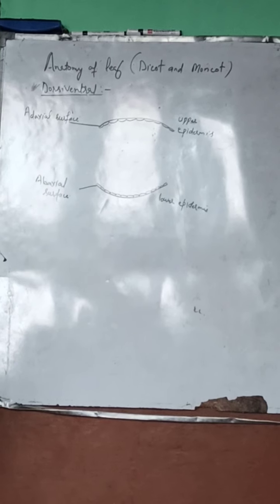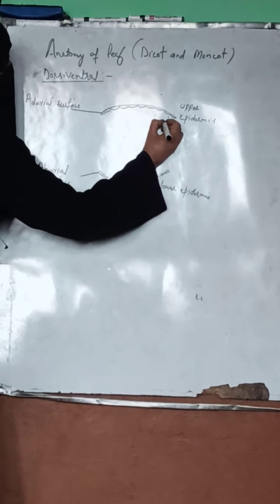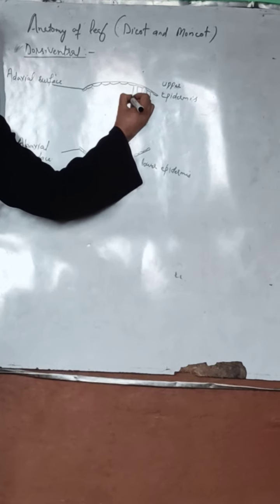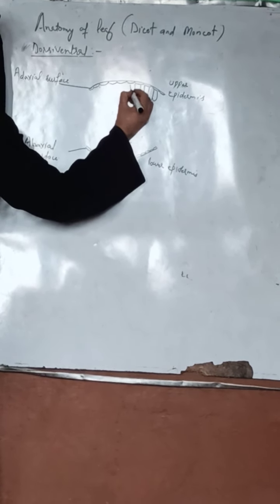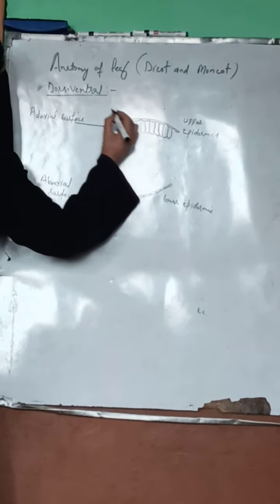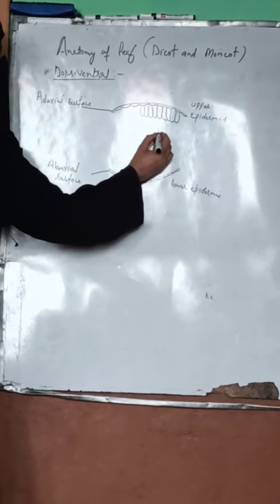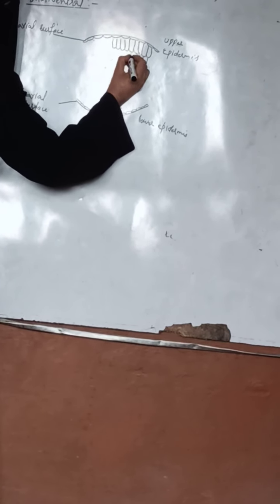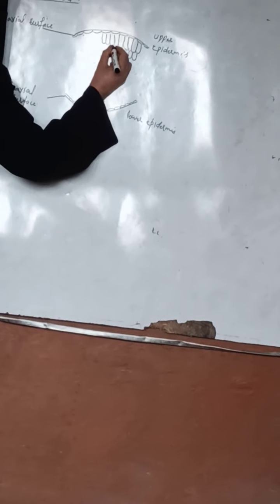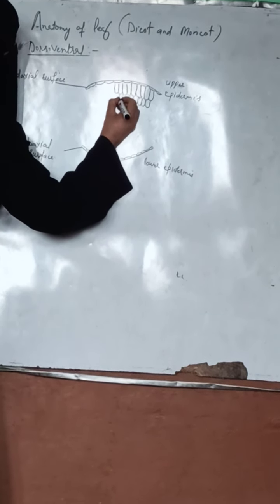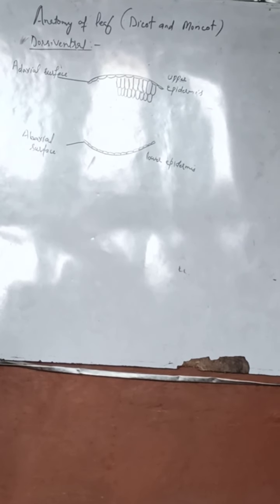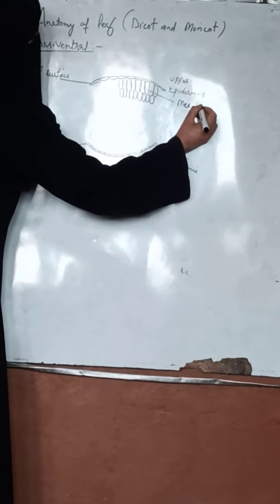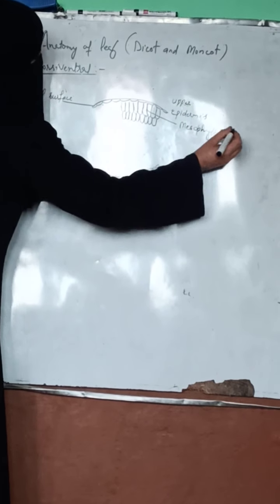Then there are tube-like structures, and these tube-like structures are elongated, and these are called mesophyll cells.